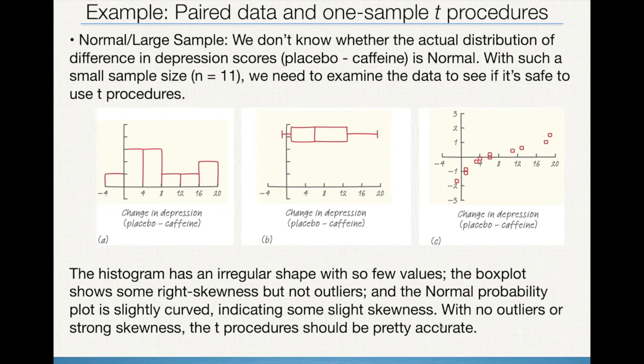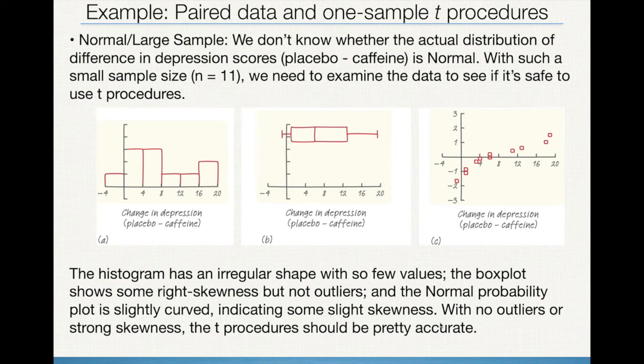If we take a look at the skew, though, we can see that the median, the bar in the middle of the box, has shifted towards the left. That suggests that there is a potential skew. The normal probability plot indicates that there is also some skew present, but you see that the signature is of a slight skew, not of a strong skew. And so based on that, we don't have outliers.